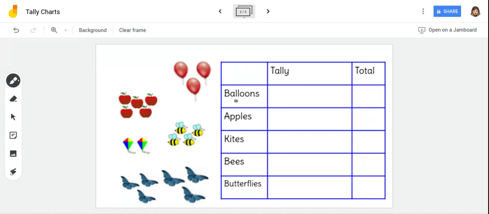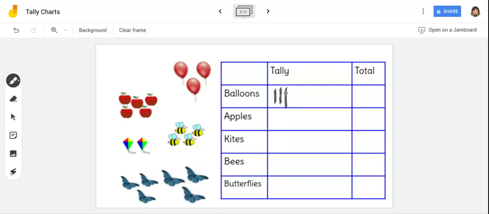So first, I want to look at the balloons. And I'm going to write how many balloon stickers there are in tallies. So point towards your screen with me and count. So I'm at my balloons over here, and I see 1, 2, 3. So I have 3 balloon stickers. And notice as I counted quickly, I made a tally mark each time I counted. 1, 2, 3.